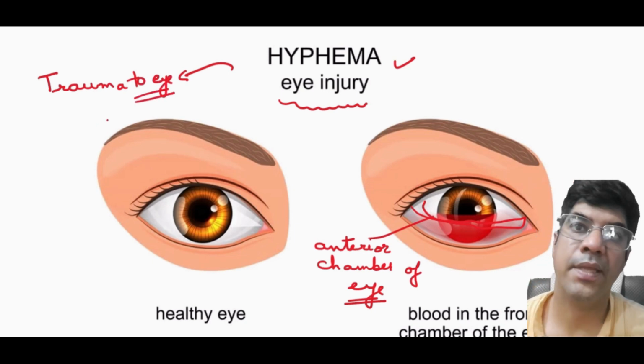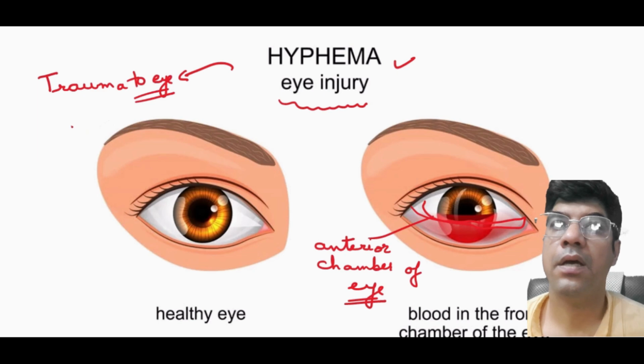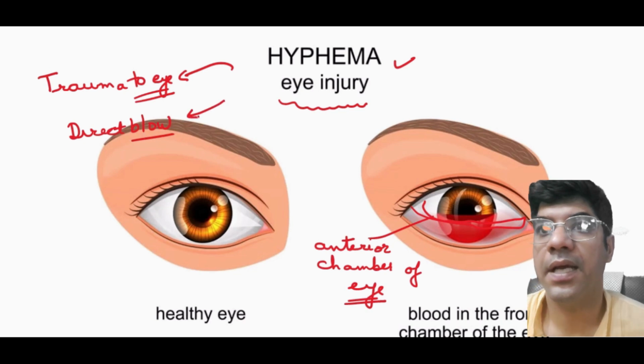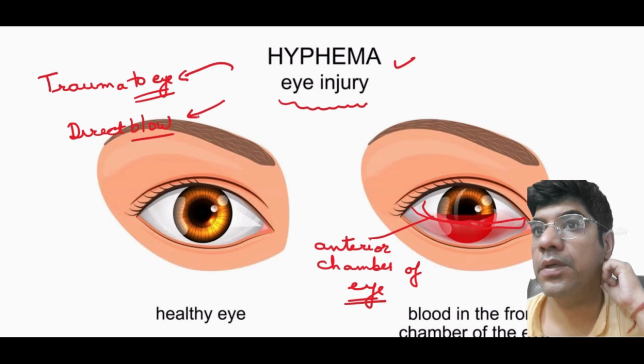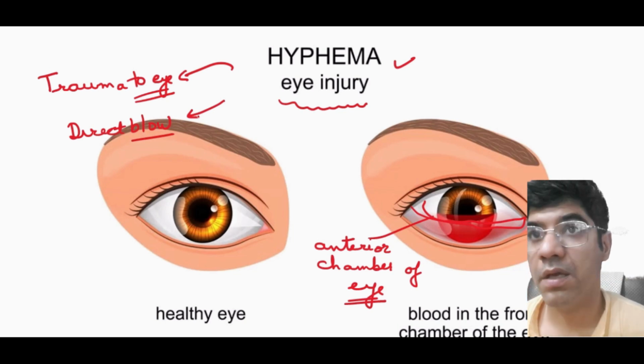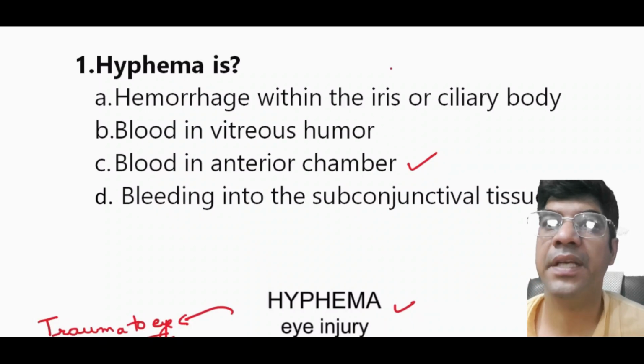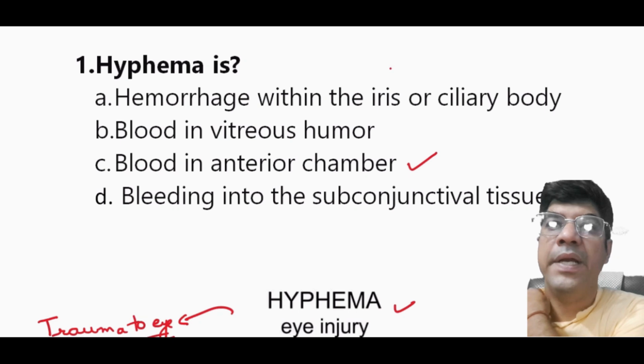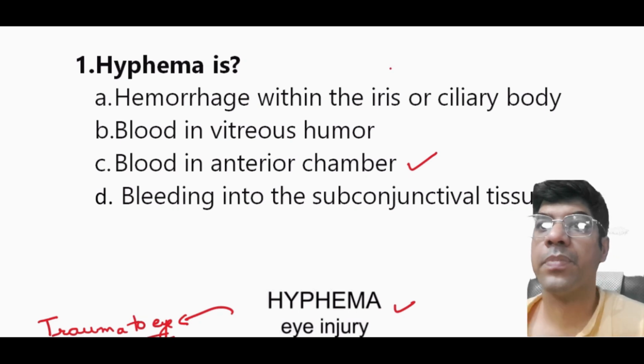such as when there is a direct blow or injury, a direct hit. The second option: when the blood vessels in the iris or ciliary body are disrupted, it can cause bleeding within the structures.